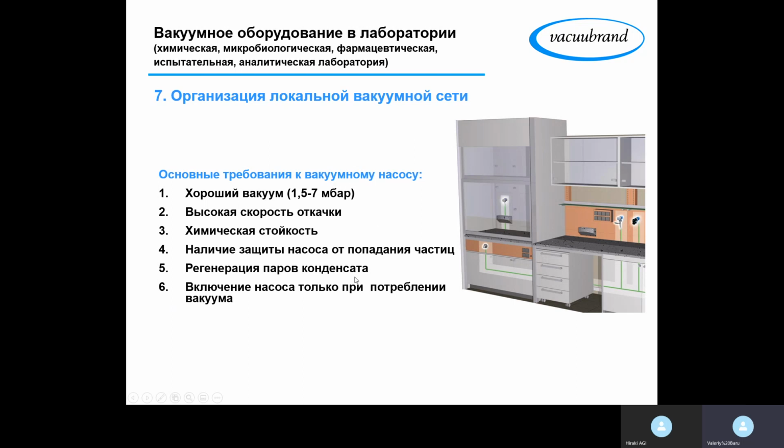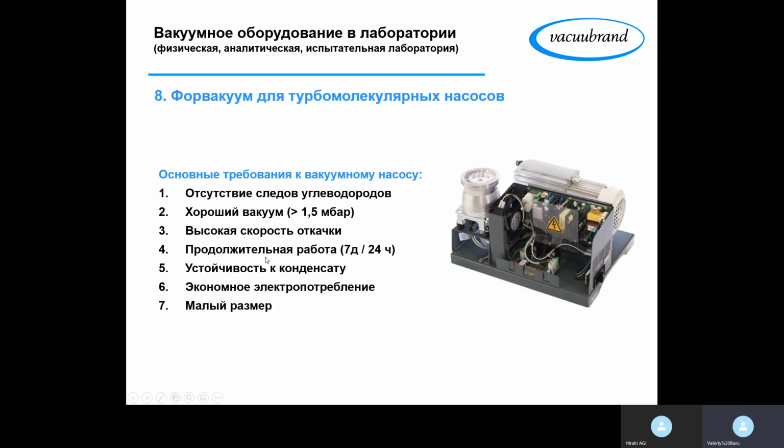Definitely we need chemical resistance. We need some protection for the pump. We need the regenerator for the vapors that will anyway get into the vacuum pump. And there is another request, which is point number 6, switching on the pump only when the vacuum is needed. This will allow us to save some energy, and that is important.